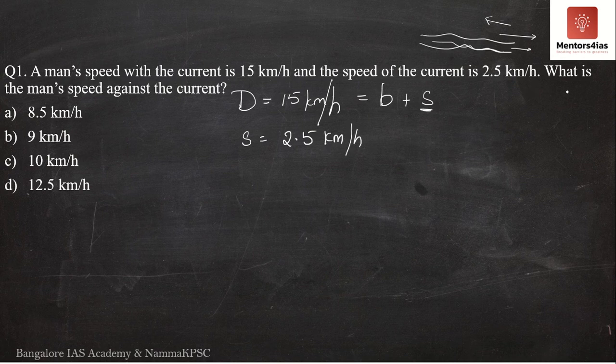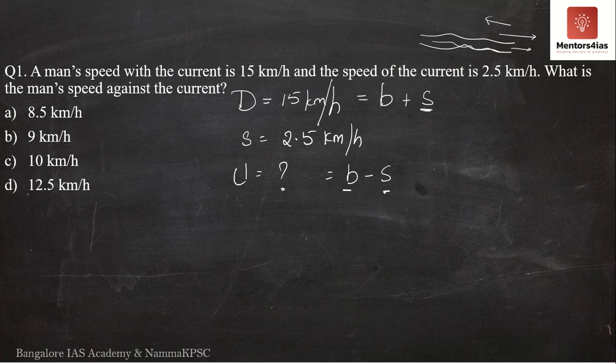Then the question asks, what is the man's speed against the current? Meaning the question is now asking for the upstream speed. Upstream speed is nothing but the difference between the speed of the boat and the speed of the stream. So we need the speed of the boat and the speed of the stream, and then I'm going to subtract the speed of the stream from the speed of the boat.